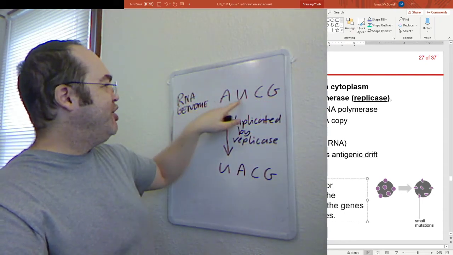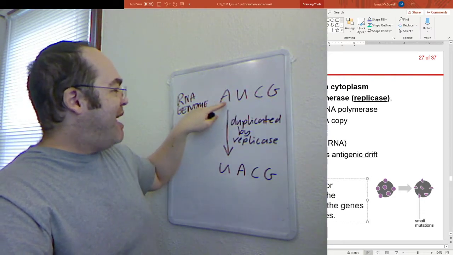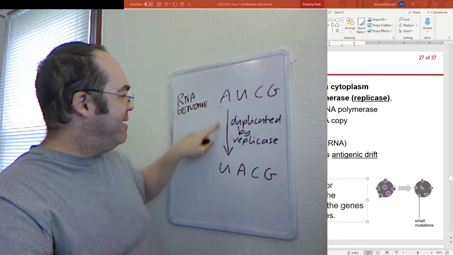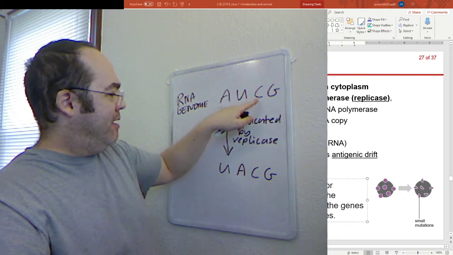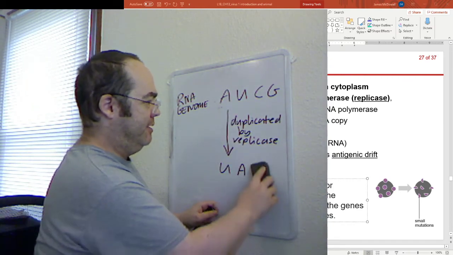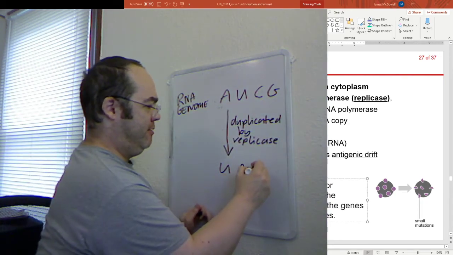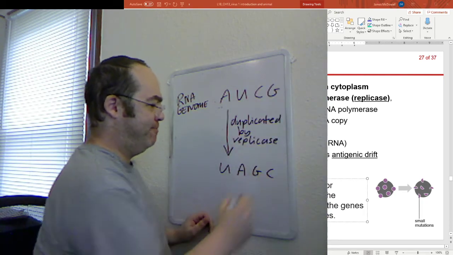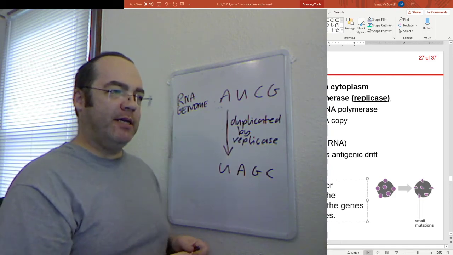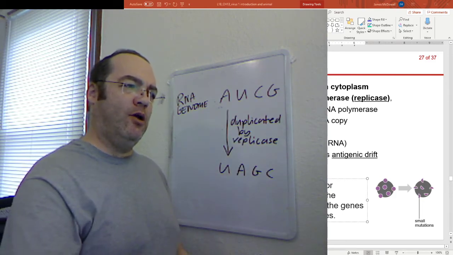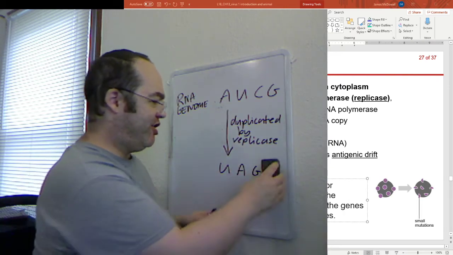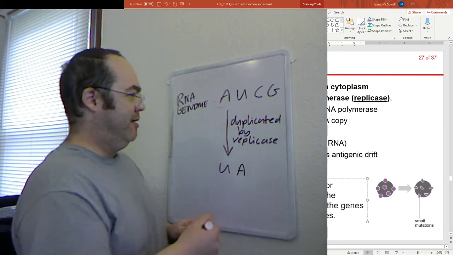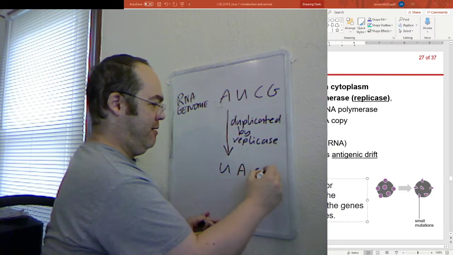Here's our RNA genome, and we would expect that to be replicated A to U, U to A, C to G, and G to C. But because our replicase lacks proofreading, it does make mistakes, just like the mistake I made.